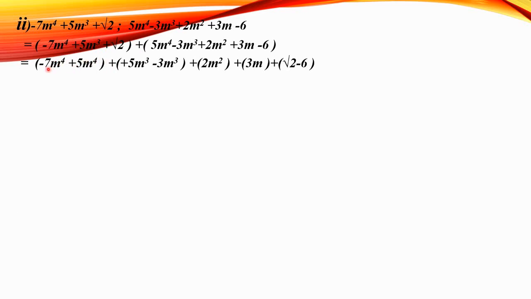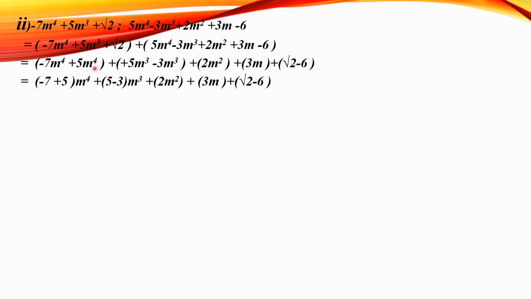So we get minus 7m raised to power 4 plus 5m raised to power 4 from the second polynomial, plus in bracket 5m raised to power 3 and minus 3m raised to power 3 from the second polynomial, plus 2m raised to power 2 because it doesn't have any other like term from the second polynomial, plus 3m plus root 2 minus 6.